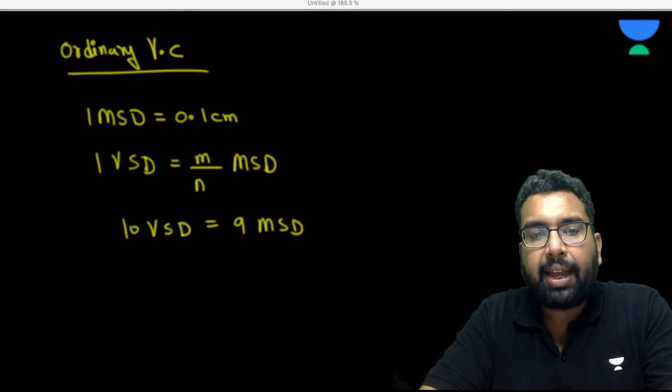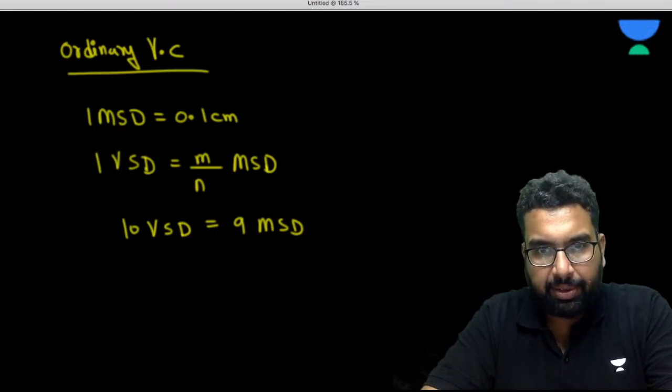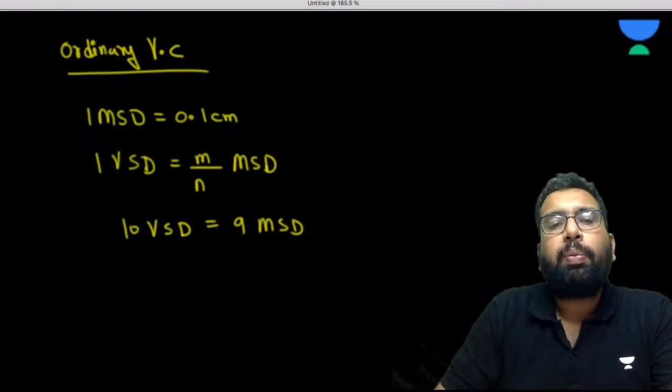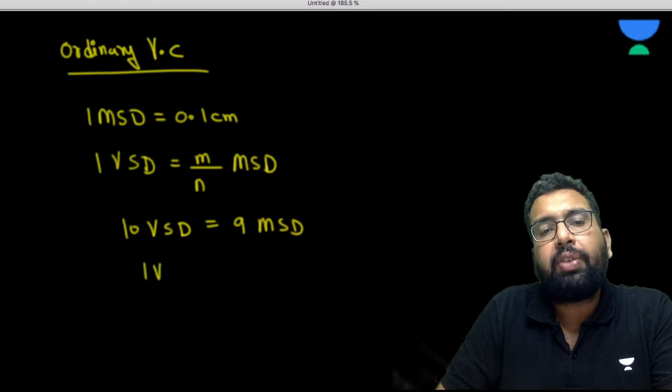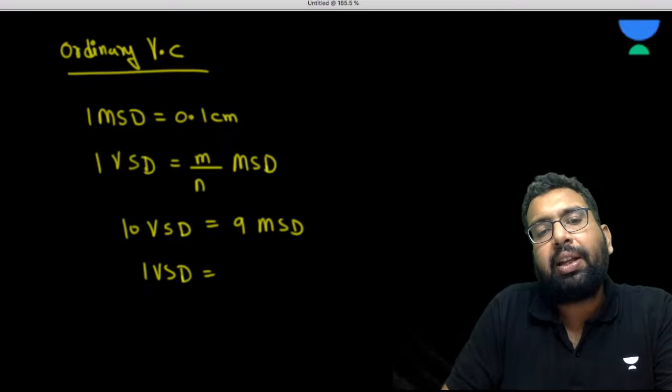So from here, one Vernier scale division is equal to 9 by 10 main scale division.